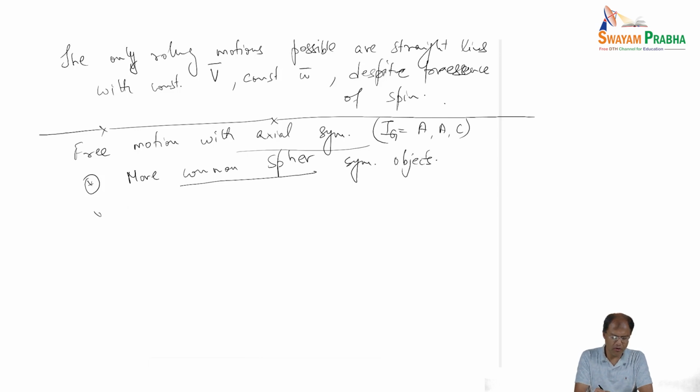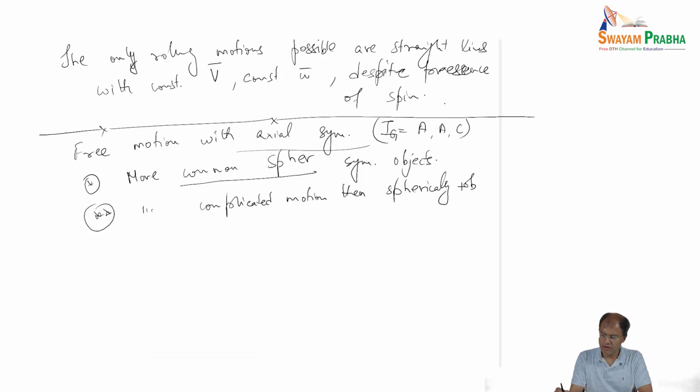And then we have also more complicated motion than spherically symmetric objects. For example, the examples I have in mind are like the gyroscope.